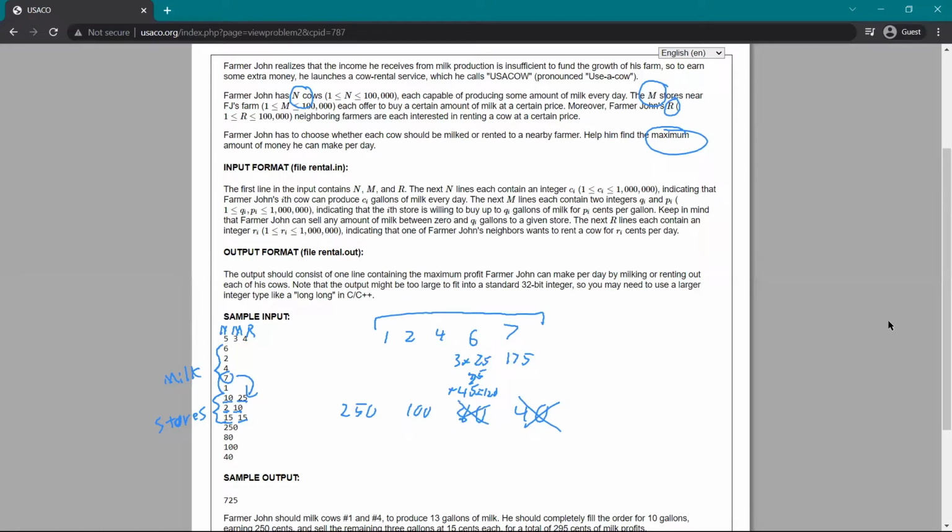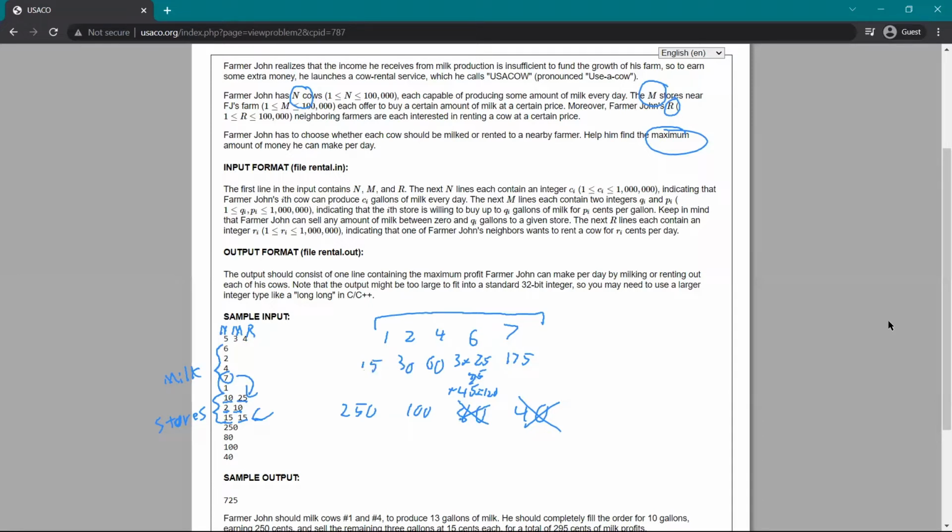Next, we can try to look at the 4 here. And as we can see, we sell the 4 gallons to this store here because we still haven't fulfilled their request. So we multiply 4 times 15, which is 60. Here again, 30, and here again, 50.